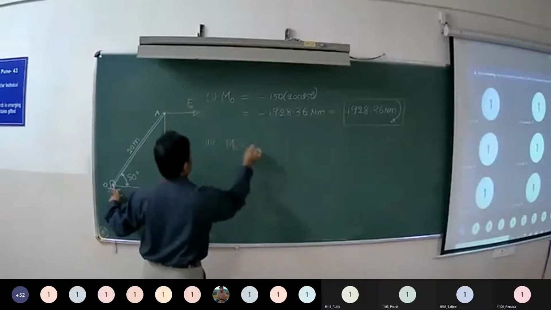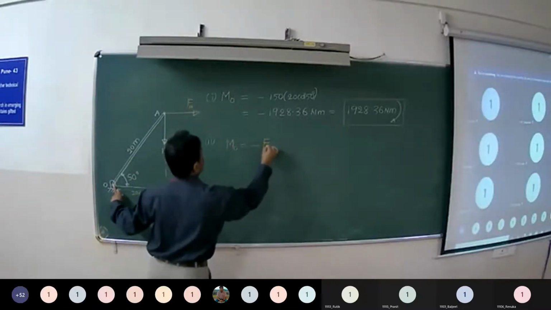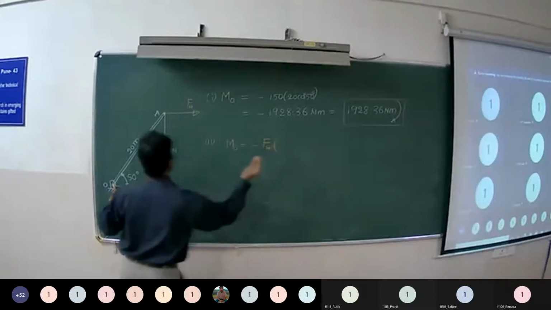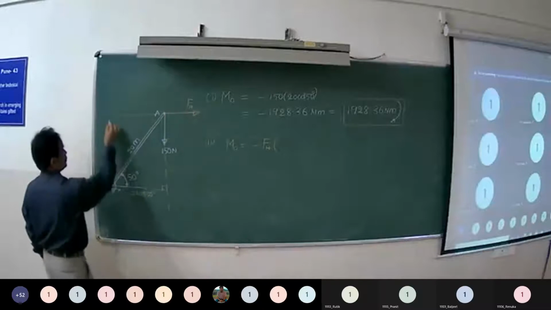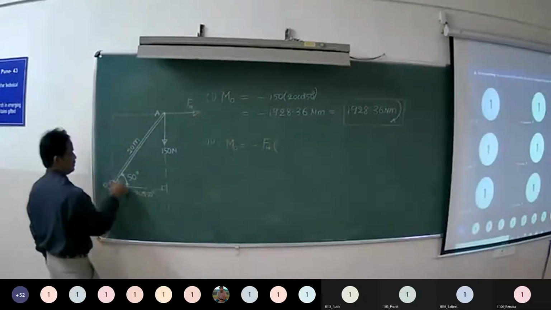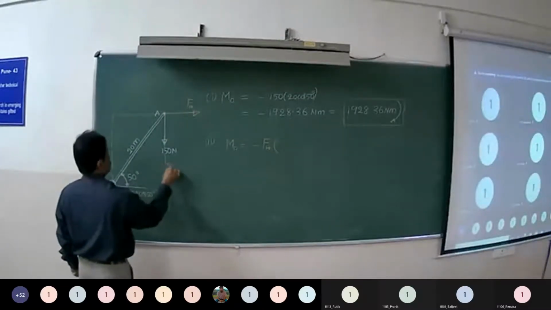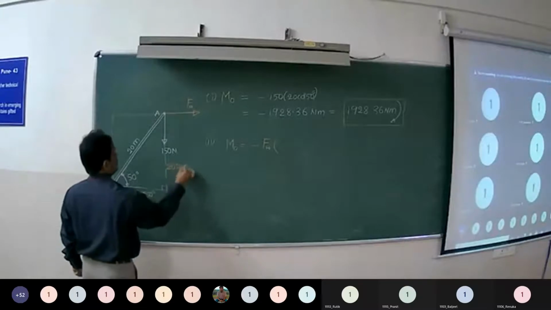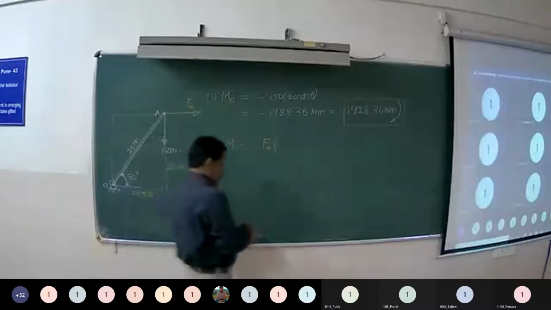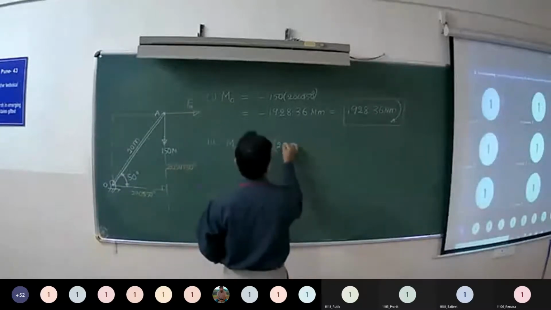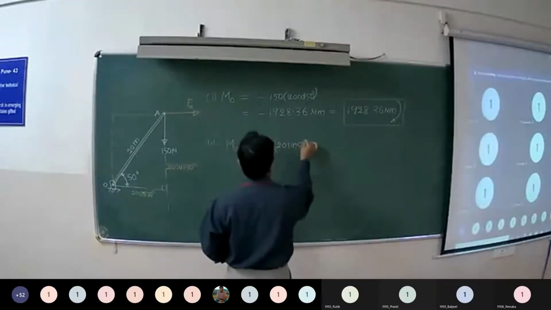So moment about point O, it is minus FH into what is the perpendicular distance from the line of action of that force to point O? That is 20 sin 50, opposite side. So into 20 sin 50.